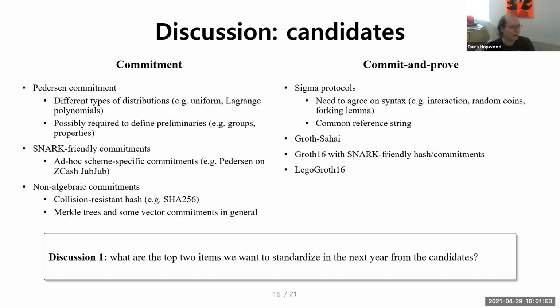I suggested standardizing all three of these things: an algebraic snark-friendly hash, Pedersen commitments, and how to use a conventional hash function as a commitment. That's not entirely obvious because there are several ways of doing it.